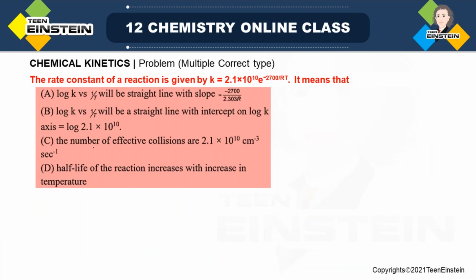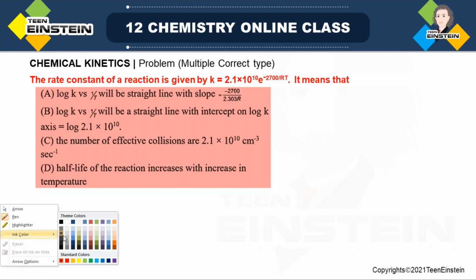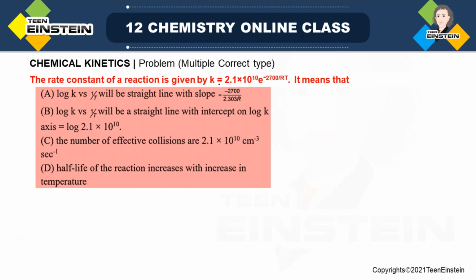Here the question says the rate constant of a reaction is given by k equal to 2.1 times 10 to the power 10, multiplied by exponential to the power minus 2700 by RT. Which of these statements will be correct? It is a multiple correct type, so more than one statement may be correct.